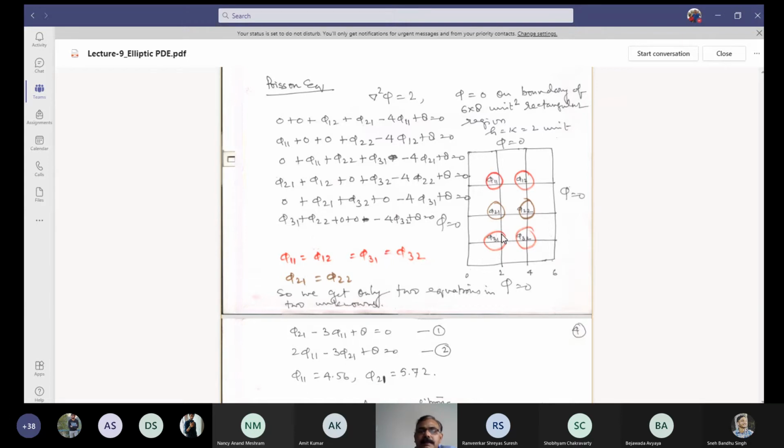Is that right? Yes, sir. And then only these two variables are there, so these two variables are also same. You see one unit from this 0, another 2 unit from here, 1 unit from this 0, another 2 unit from here. So only two variables, two equations, right? So keep this in mind, always use the geometrical symmetry. Is that right?